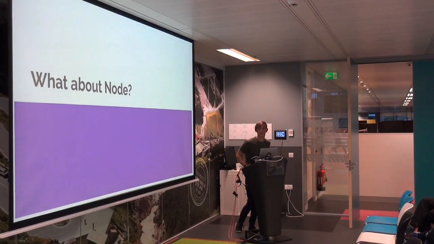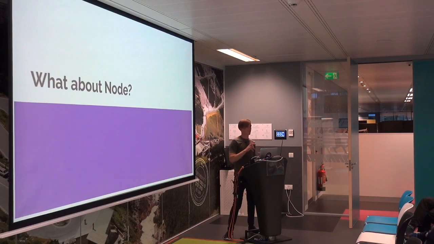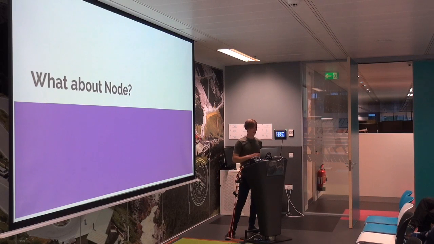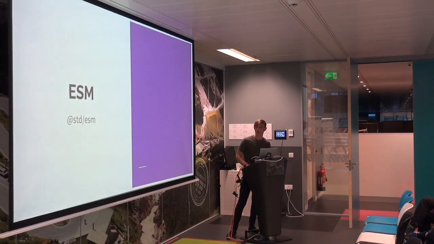So what about Node? The situation in Node is, okay, we had a CommonJS standard, but we had a modified CommonJS standard. So with the modified CommonJS standard, we have to modify the module system as well. There is a really nice plugin, which is standard ESM. It's actually supported by Node itself.